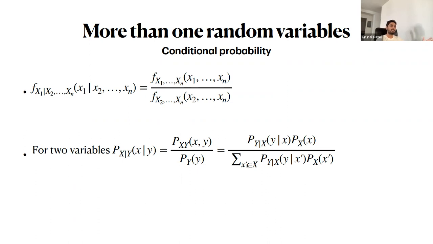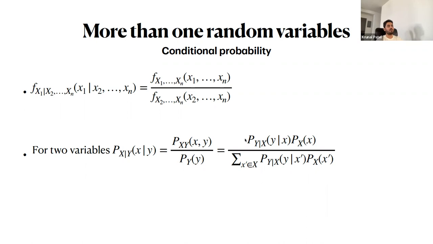We break it down into parts where x is taking a bunch of different values, some different x prime values. Given that x is taking those x prime values, we calculate the probability of y given x is taking the x prime value, right? That's my total outcomes, and this is my favorable outcome. So it is exactly the same thing, where I just say that x is taking x and y is taking y, given that x is taking x.